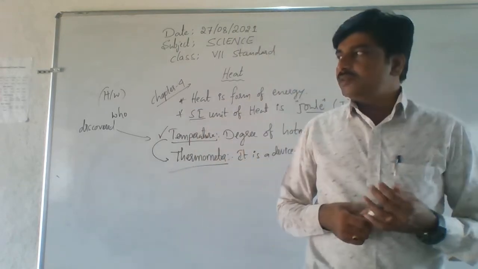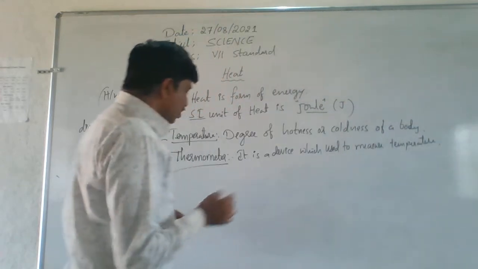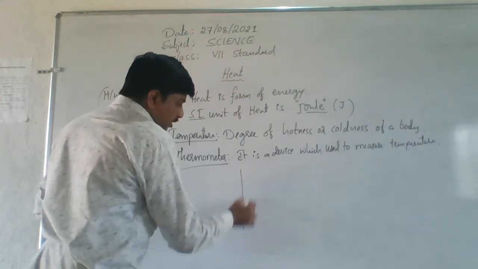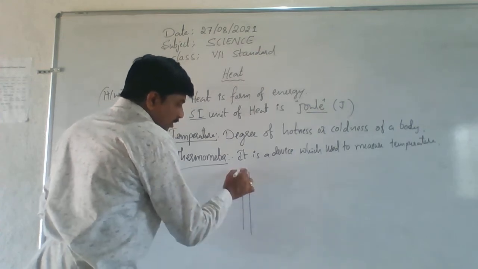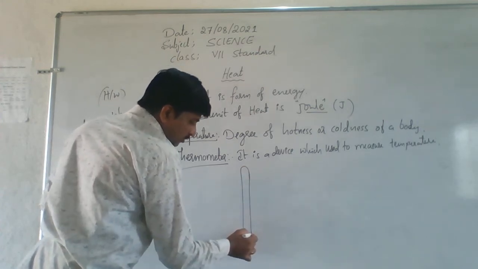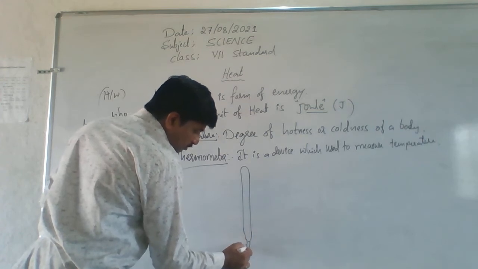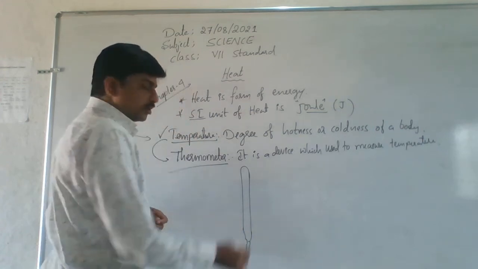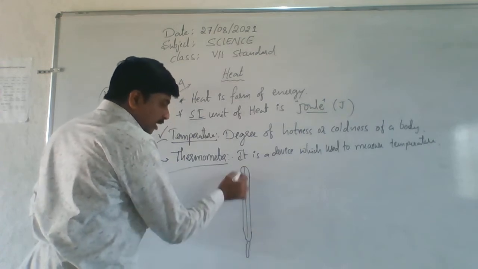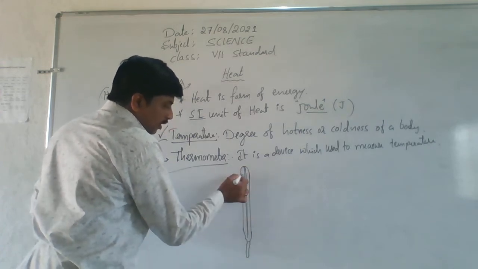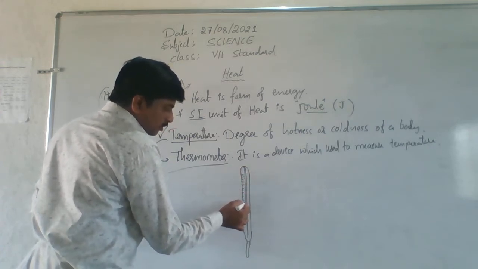But in olden days, the thermometer was made of glass, like this. Understand? It has a capillary inside it. Here temperature measures are there.